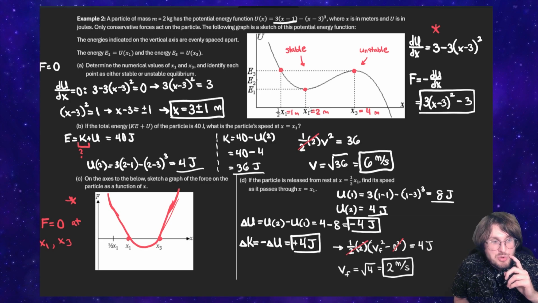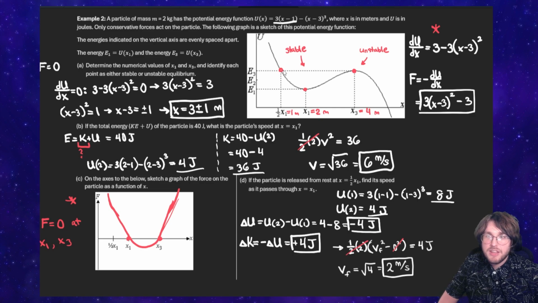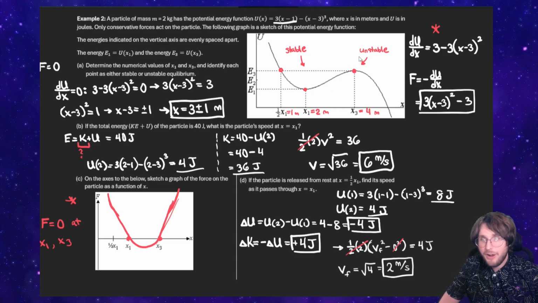Now, quick conceptual note, if we were to start the particle at that height, it would fly all the way down here, it would reach a 2 meter per second speed, and then it would start increasing its potential energy again, and its kinetic energy would correspondingly go down.